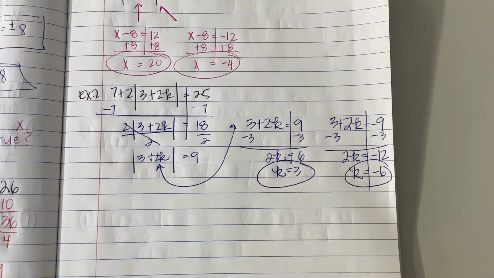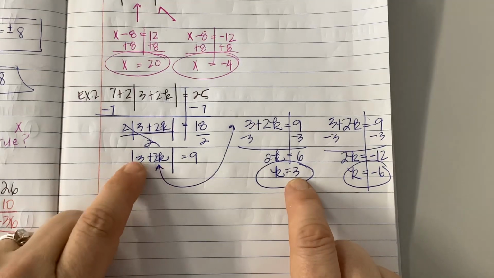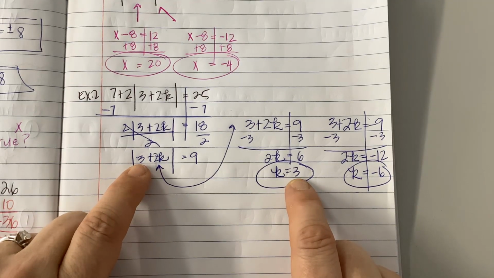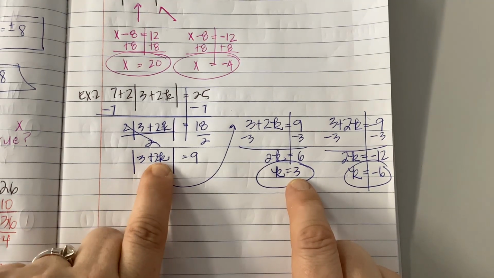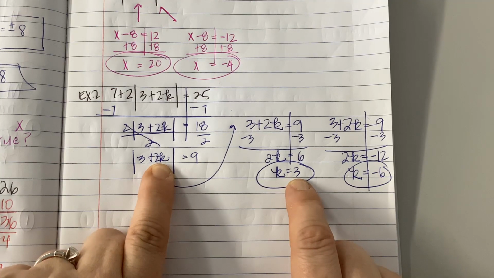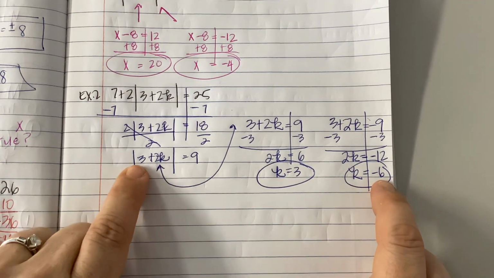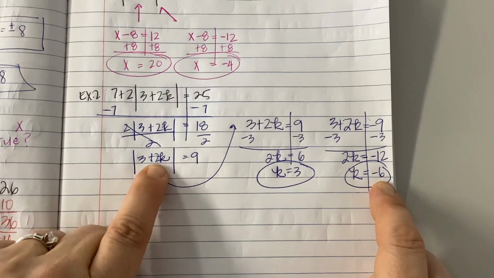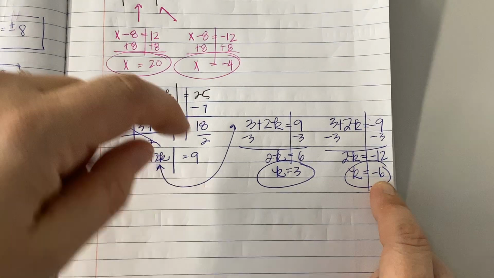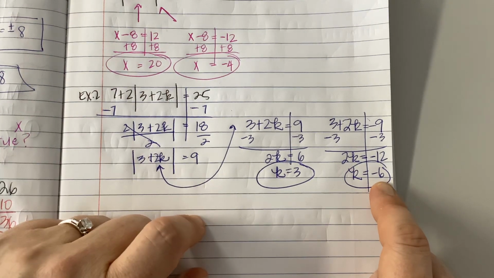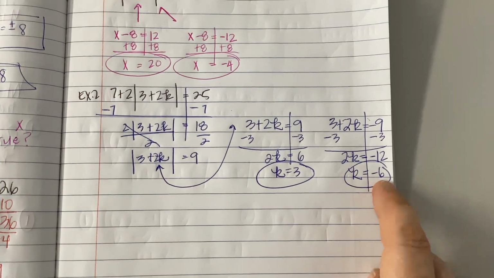Those are my two solutions. There are two answers to this absolute value equation. I could say k is 3. 3 plus 6 is 9. Or I could say 3 minus 12 is negative 9, which has an absolute value of 9. You have to solve it twice.